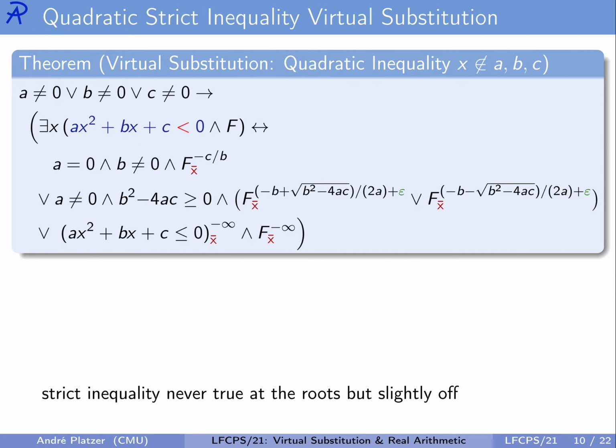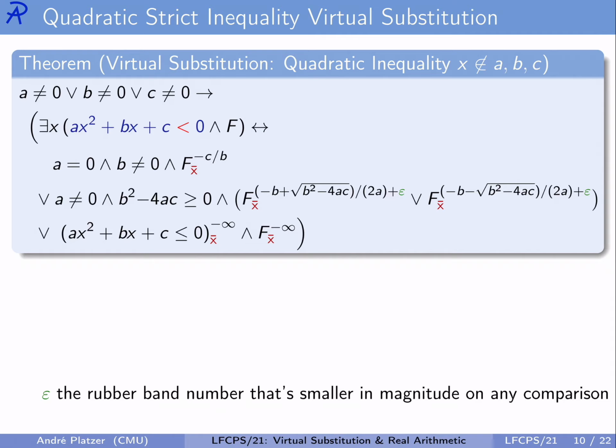So the point is, epsilon is a rubber band number, one whose absolute value is always smaller than any real number on any comparison. Whatever number you're trying to compare this epsilon to, it automatically shrinks a little and says, I was really a bit smaller than you thought I was, in order to make sure that the coefficients in the polynomial and its quadratic solutions aren't incompatible with the epsilon.